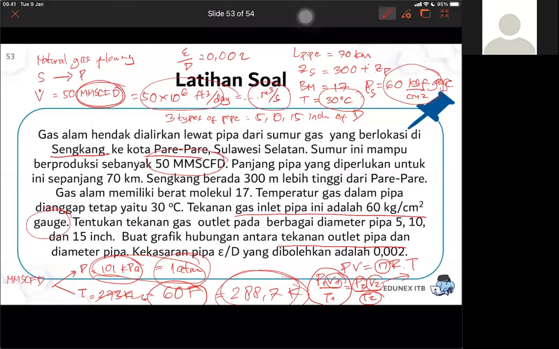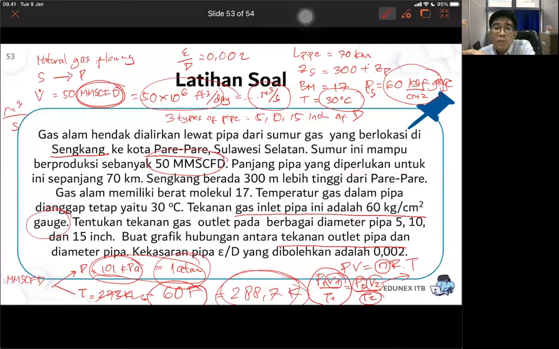Okay, sir. Yeah, okay. So if you already know the actual flow rate in cubic meters per second, then what you need to do to calculate the pressure at the outlet at Pare-Pare? You need to do the Bernoulli equation between the point at Sengkang and the point at Pare-Pare.